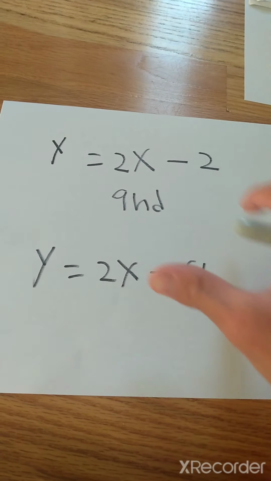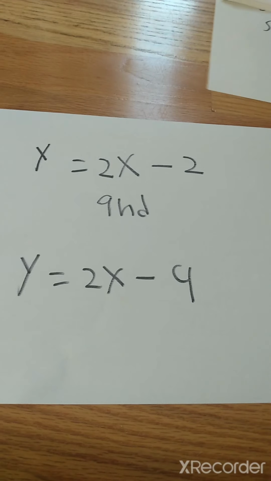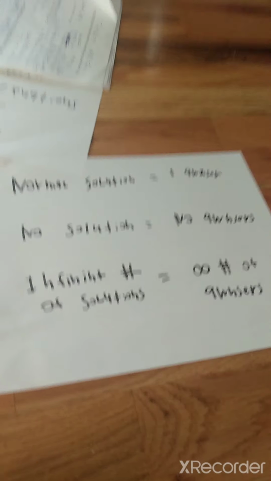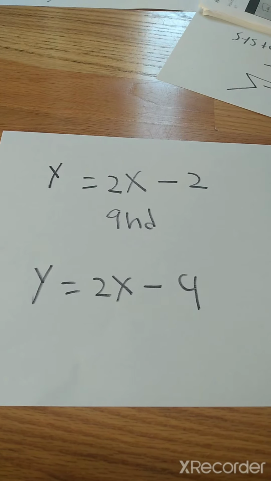When we compare the two and write it on a separate piece of paper, we'll be able to find what kind of answer we'll get. So, type in the comments below what you think this answer is.